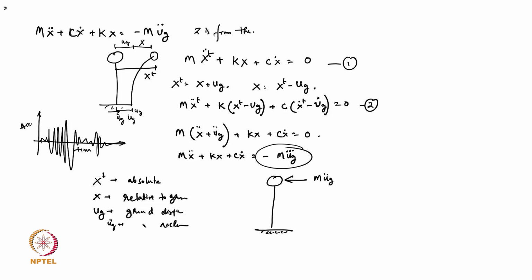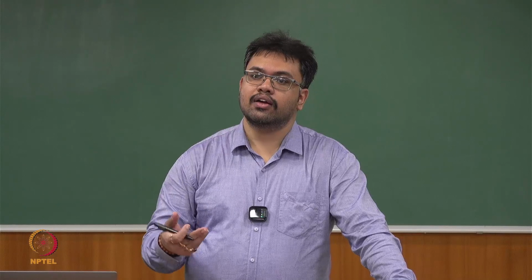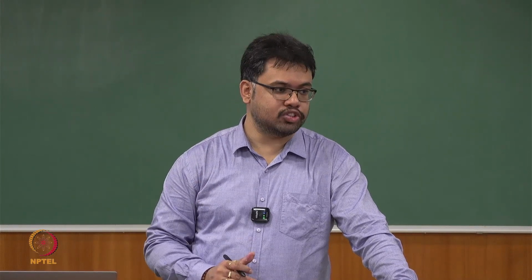What were we solving before? We were solving mx double dot plus cx dot plus kx equal to force. So there is no difference between minus m ug double dot and a force. It is exactly a similar type of thing, and this way we can find out the force from the ground once the system is subjected to a ground motion.